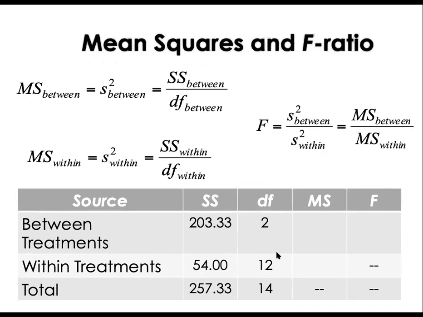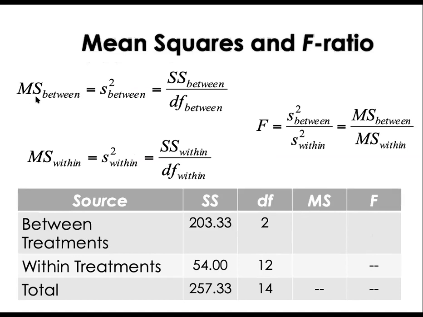Okay, now we've got our sum of squares, we've got our degrees of freedom. Now we're going to fill in our mean squared value and the F value. And these lines and these boxes means there's nothing to compute here. So we're not going to compute anything or fill in anything in those 3 boxes.